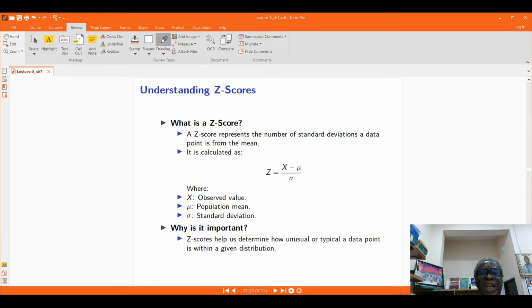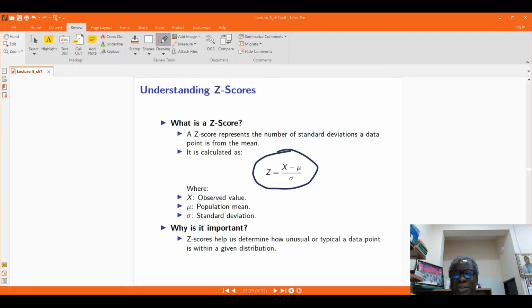We are going to start with the z-score critical value. If you have been following the previous lecture, we talked about the z-score, which is calculated using that expression. Why is it important?